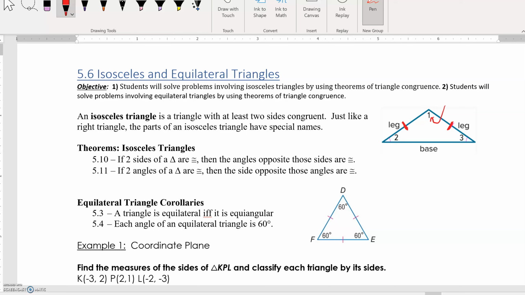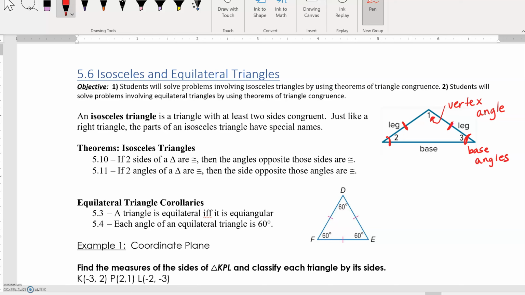Also, this angle right here, angle 1, is called a vertex angle, because it's formed by the two sides that are congruent, and then the two angles opposite the congruent legs are called the base angles, and they are the same measure.